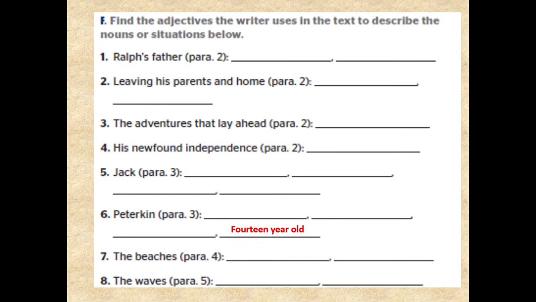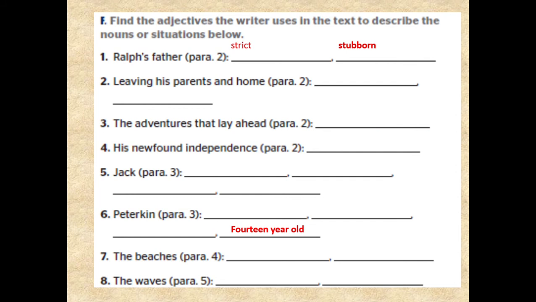Finally, exercise F. Find the adjectives the writer uses in the text to describe the nouns or situations below. Go back to paragraph 2 and tell me, how does the writer describe Rob's father? Great, strict, and stubborn.